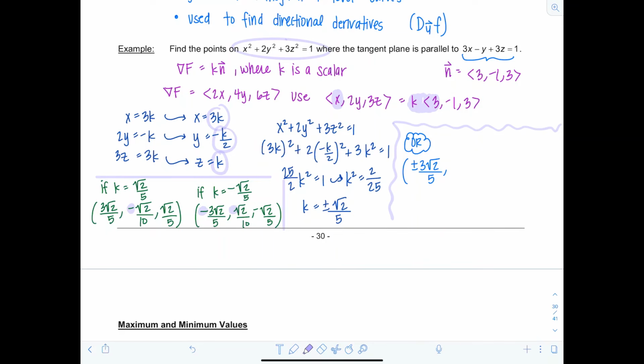See how these are opposites? So to indicate that they're always opposite, then for the next coordinate, I would put minus plus rad 2 over 10. And then the z coordinate matches the sign of the x coordinate, so that would be plus or minus rad 2 over 5. Okay, but you can't put plus or minus for all of them. I love this. The less I write, the happier I am. You know what I mean?